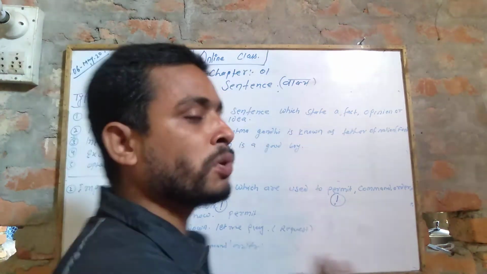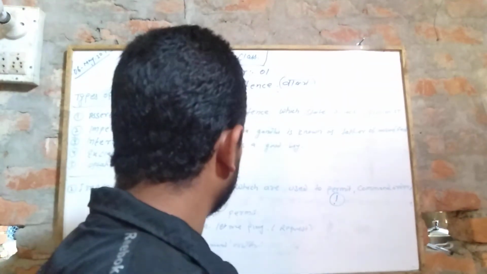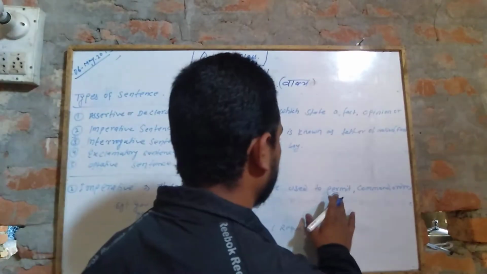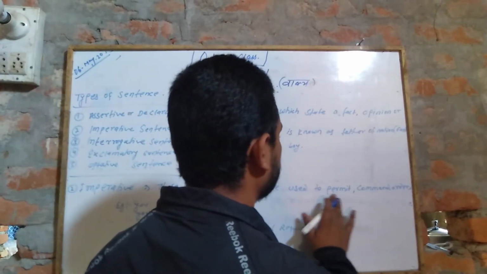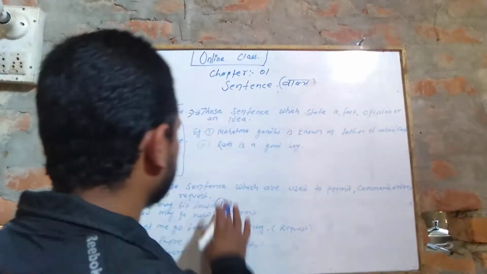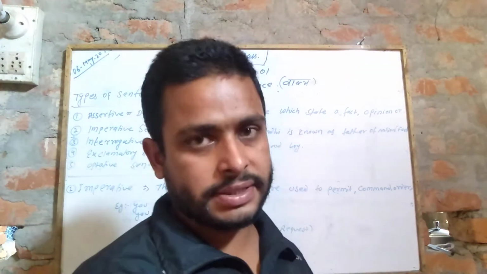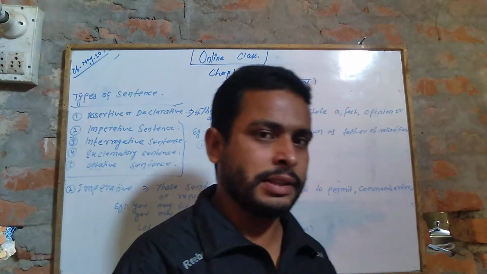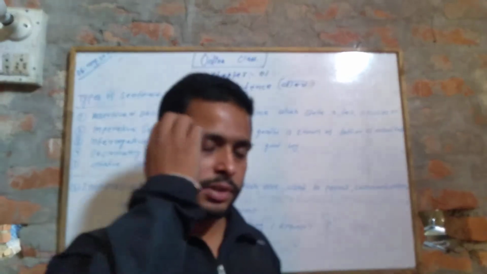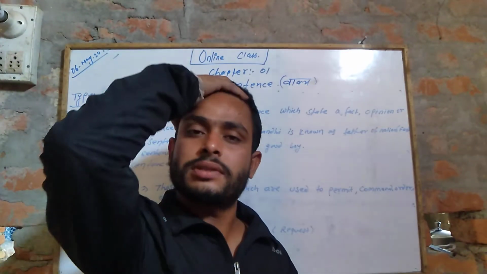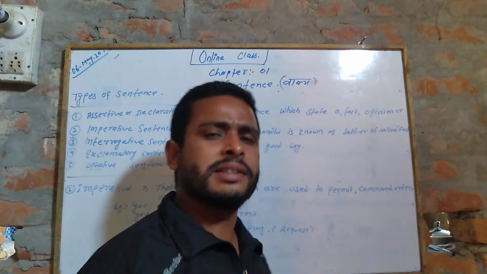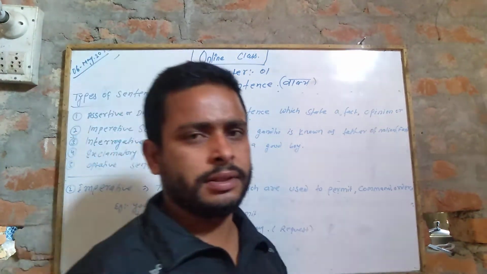You can also say the opposite. This is exclamatory. You can use a full stop at the end of the sentence, so don't be confused. You can also see the examples from your books. In books, there are many examples.